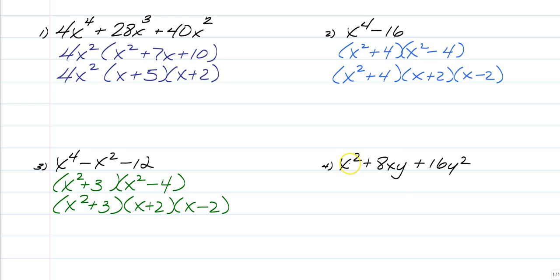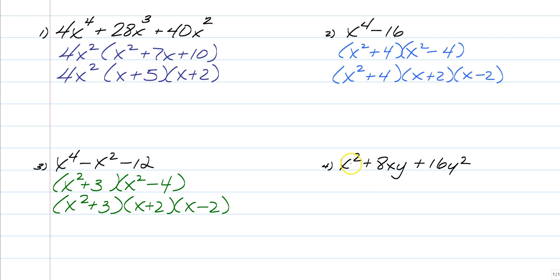This one has an x squared in the beginning, but it has a y squared at the end, and we have an xy in the middle. To factor this, we're still going to ask ourselves the same question, but a little bit different this time. What would multiply to 16y squared, but add to 8xy?